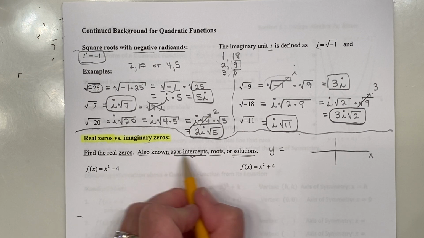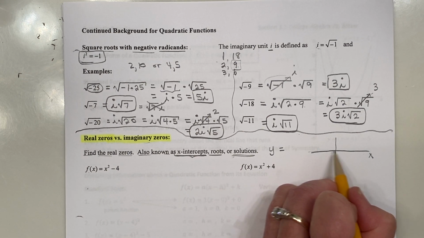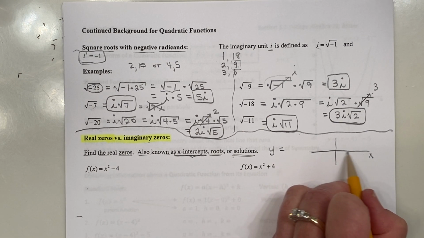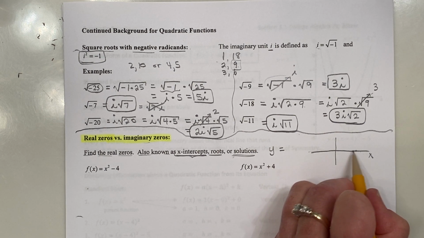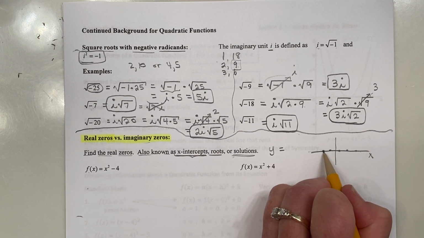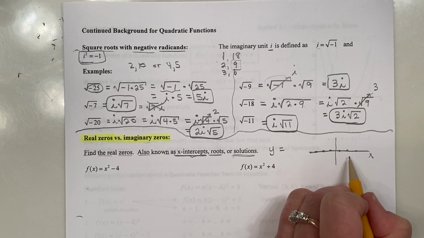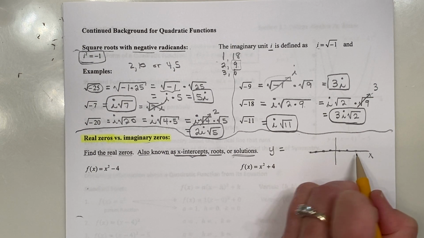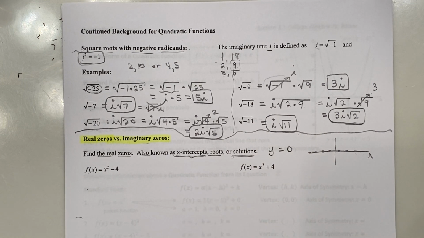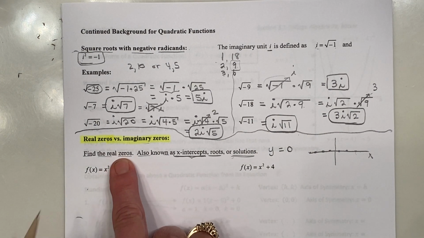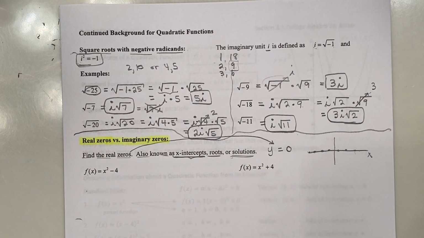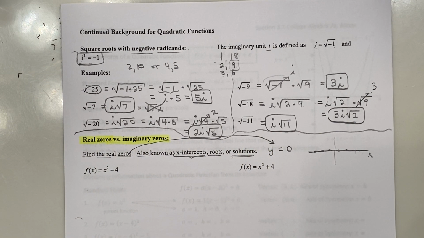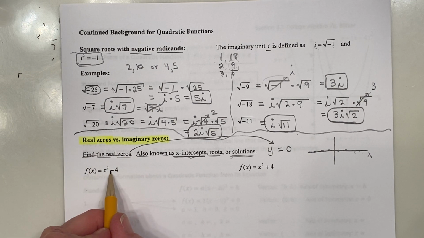If we're going to find an x-intercept, that means we're looking at a point that falls along the x-axis. Every point that falls along the x-axis has something in common: the y-coordinate is always 0. So if you're asked to find the real zeros, another way to think of that is, I've got to let y be equal to 0 and solve that equation. So find the real zeros for this function right here.